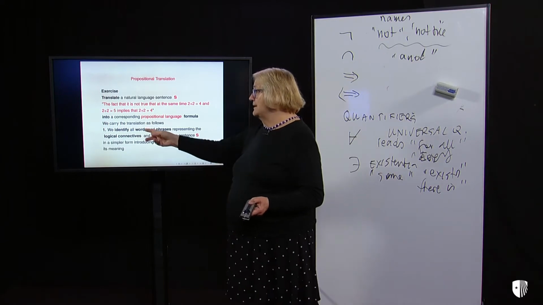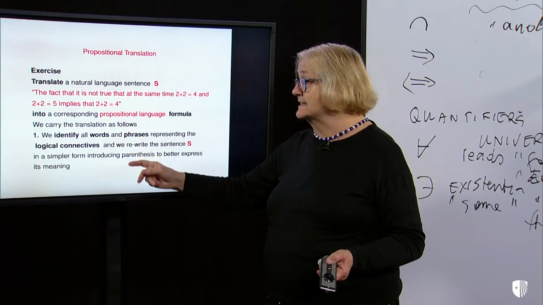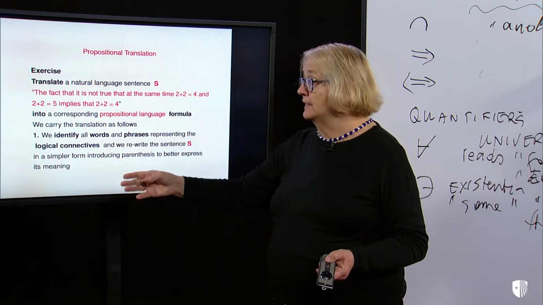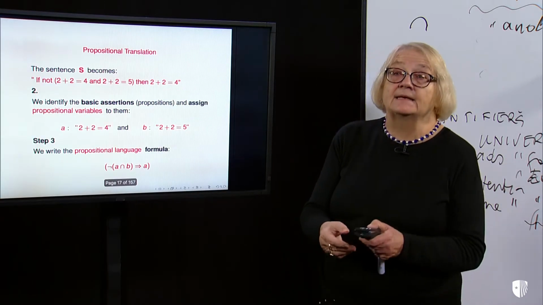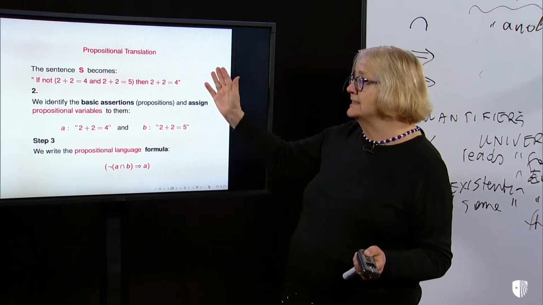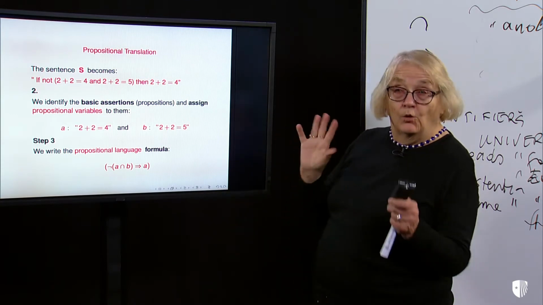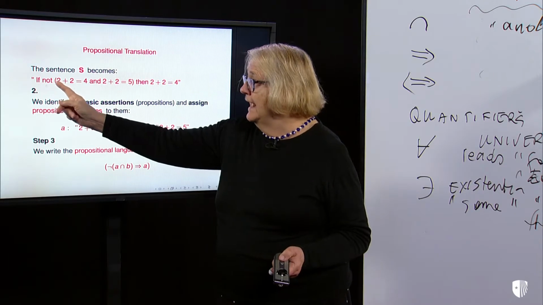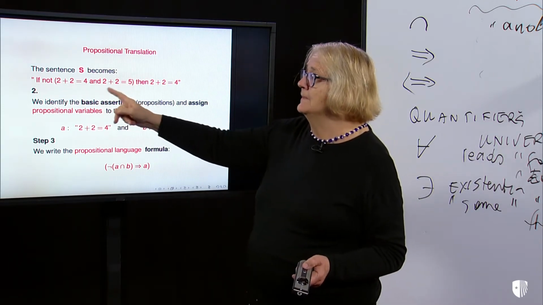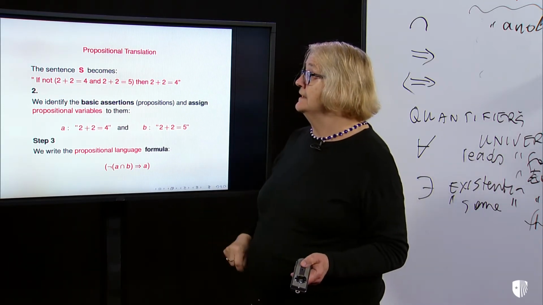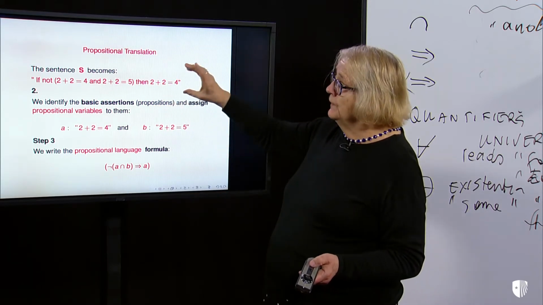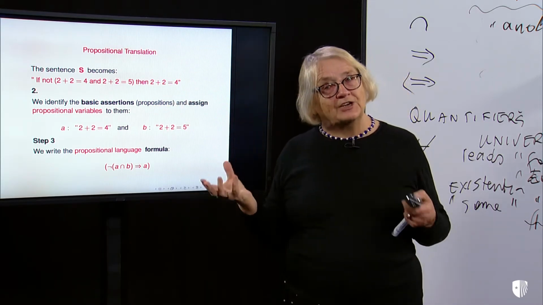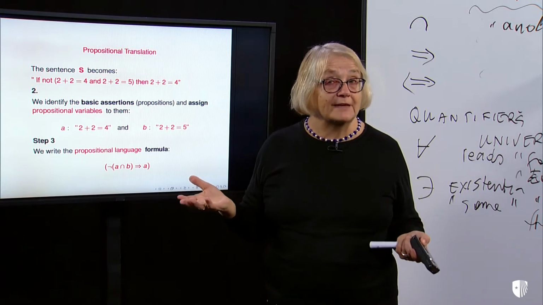You also identify the words and phrases that represent the connectives, and the rest is, so in a sense you can already write this sentence: if, not, and, at the same time, that's why we put parentheses, then. So this is a more structured way of writing your sentence.